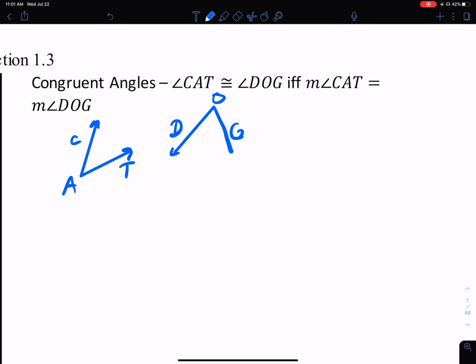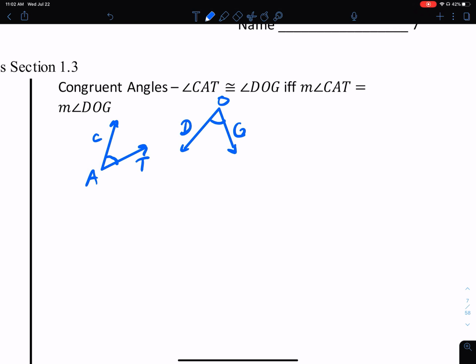Let's do it like this. For me to show in the picture that they are congruent, I can put the same number of arcs without an arrow. An arc with an arrow is just pointing something out. An arc without an arrow is saying that these two things are congruent. So if they both had 3 arcs, they're congruent. They both have 1 arc, they're congruent. There are other ways to show that they're congruent. We'll get to that in a bit.